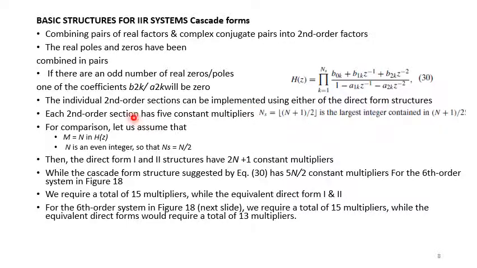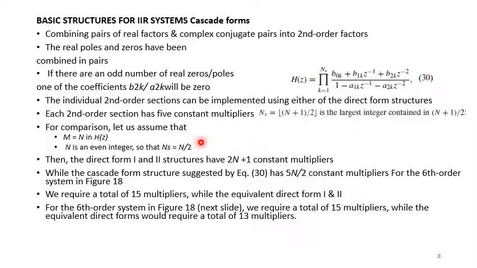The individual second order sections can be implemented using this. Each second order section has 5 constant multipliers. Ns is the largest integer contained, right? So we have Ns equals (N plus 1) divided by 2. This symbol indicates that we will take the largest integer.